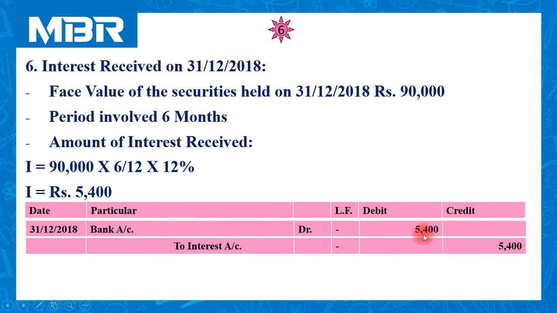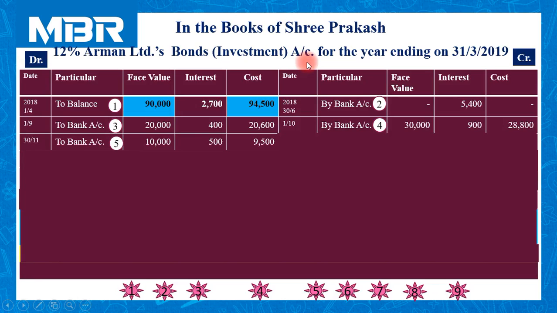Bank account debited rupees 5,400 to interest account credited rupees 5,400. It's a very routine journal entry for the receipt of interest, so nothing is new in this. Now enter this transaction into the investment account.